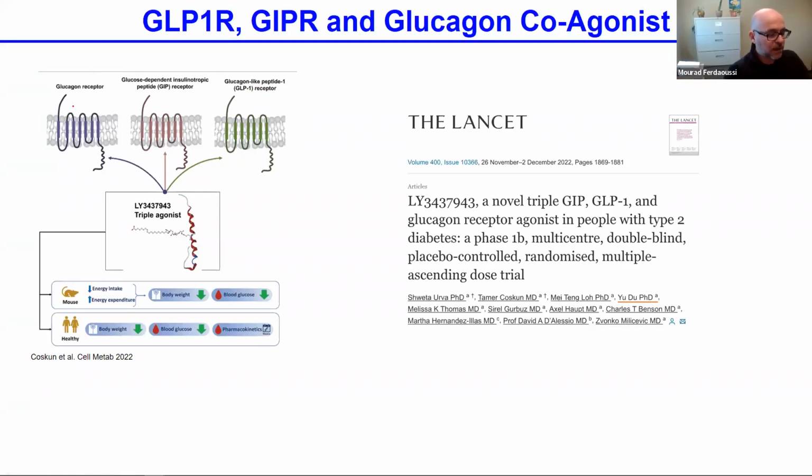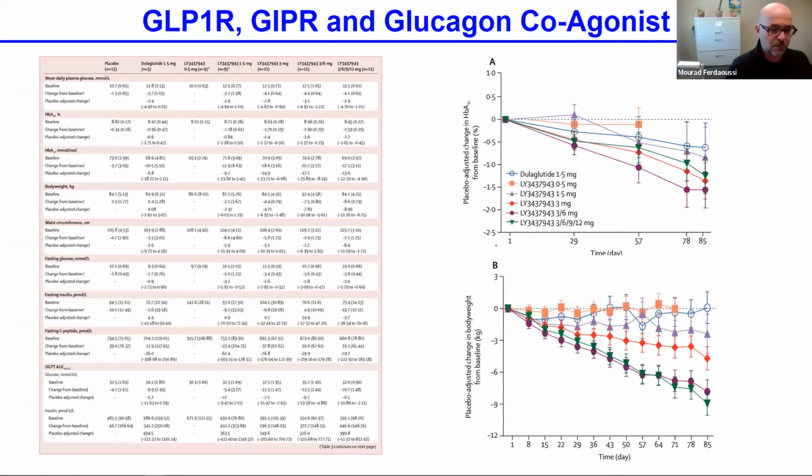So three receptors can be activated by the same peptide. They released their first clinical trial, and they compared this triple agonist to the GLP-1 receptor agonist dulaglutide. They observed a strong reduction of HbA1c and also a strong reduction of the body weight in those patients treated with these three agonists.